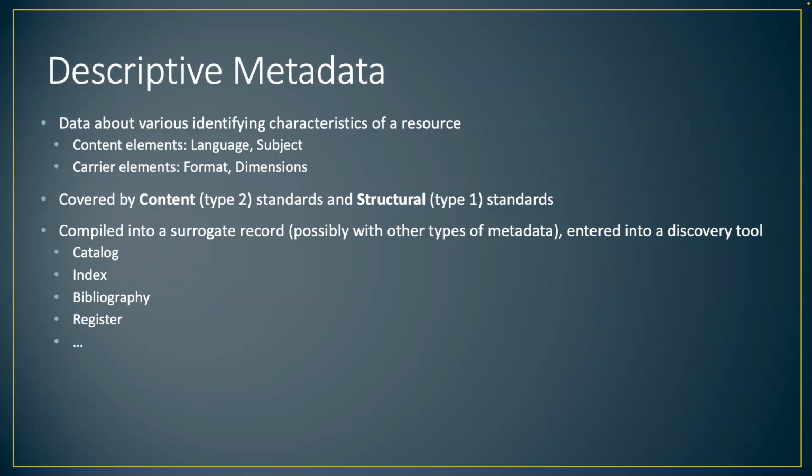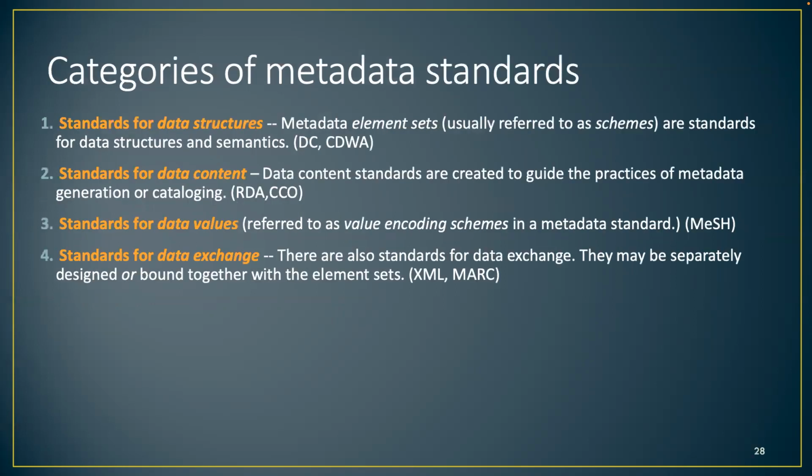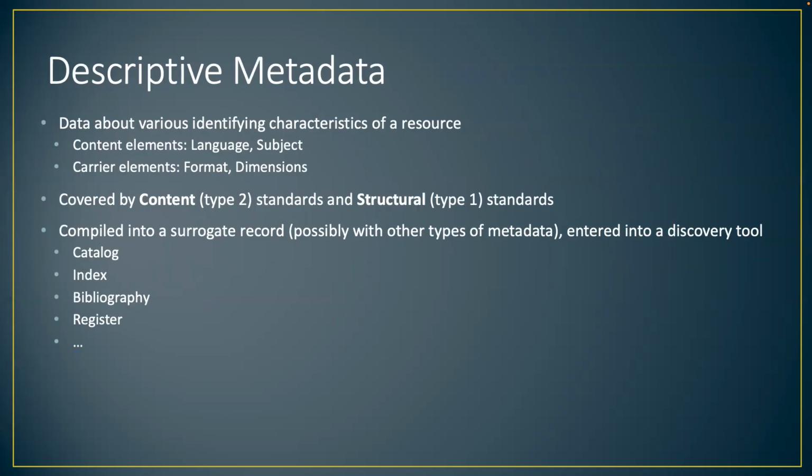And from this perspective, we can argue that if we go back to the other classification system we have discussed, data structure, content, values, and exchange, we can say that both content standards and structure standards can be used to describe things. And so we have discussed a DC as an example of the structural standard.